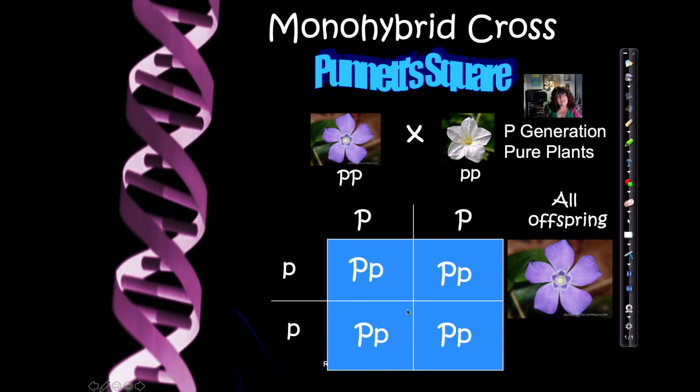So what we would say is in the F1 generation, which would be the offspring in the square here, all the offspring will be heterozygous and all of them will be purple. So our genotypic ratio would be 100% heterozygous and our phenotypic ratio would be 100% purple. Easy, right? All right, let's do the next one.